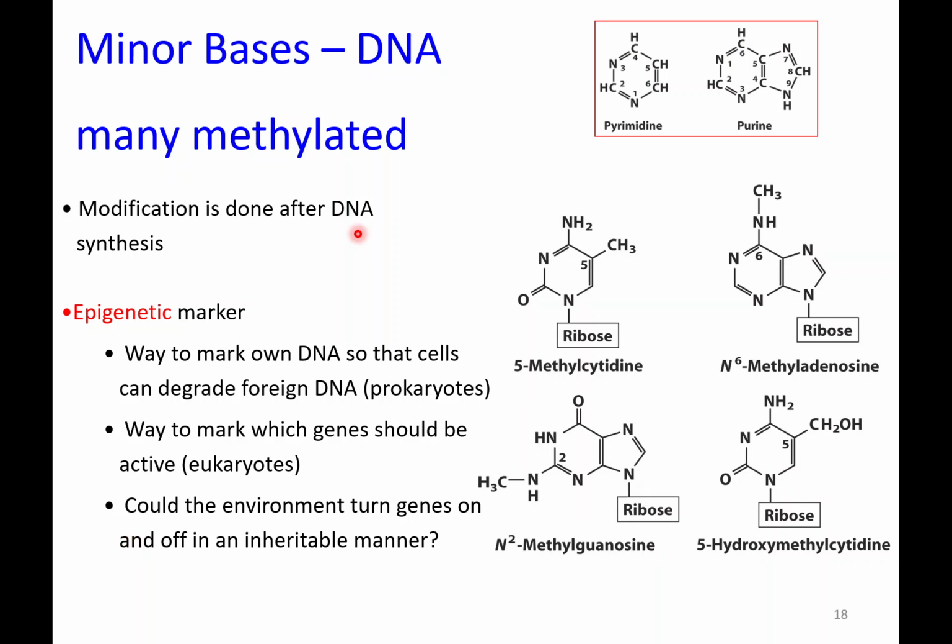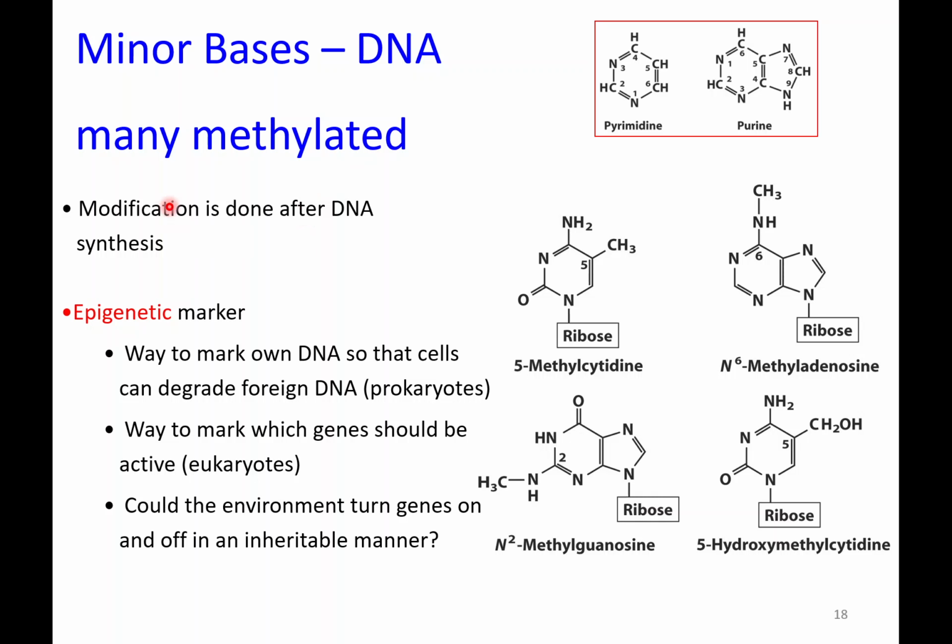There are also what we call minor bases in DNA, not the primary 4 bases that make up your DNA sequence, but some of them are based on those bases and just altered. One way of modifying these is by methylating them, adding methyl groups.